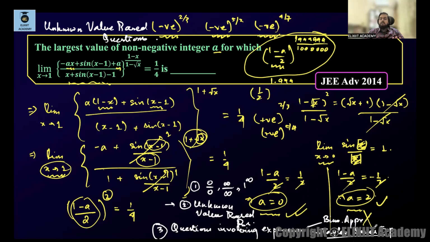The most widely used subtopic in which you will get series is unknown value based questions, where the maximum number of questions are solved using series expansions, Taylor series or Maclaurin series.